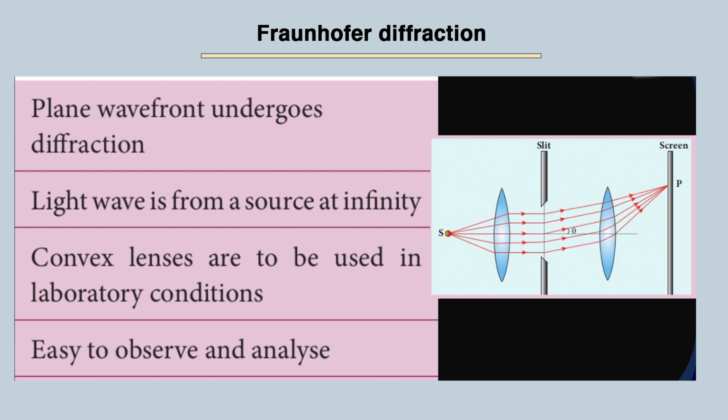So experimentally, if we want a parallel light source, we put a convex lens just in front of the light source at a finite distance, and we get a parallel beam if the light source is placed at the first focal point of the convex lens. So, it is easy to observe and analyze, and for the observation we also use another convex lens, because we have to observe the diffracted point at a finite distance.